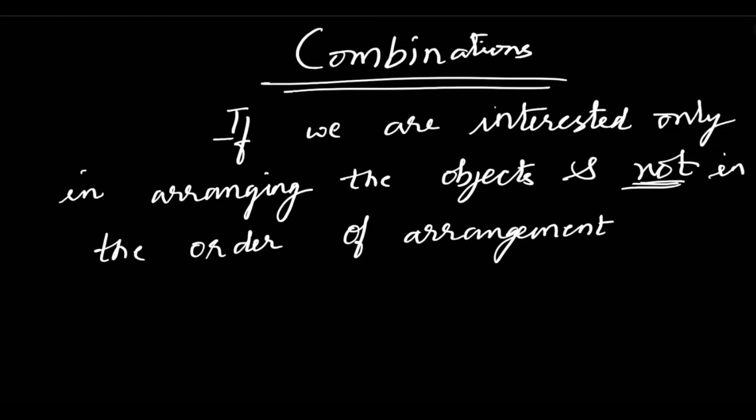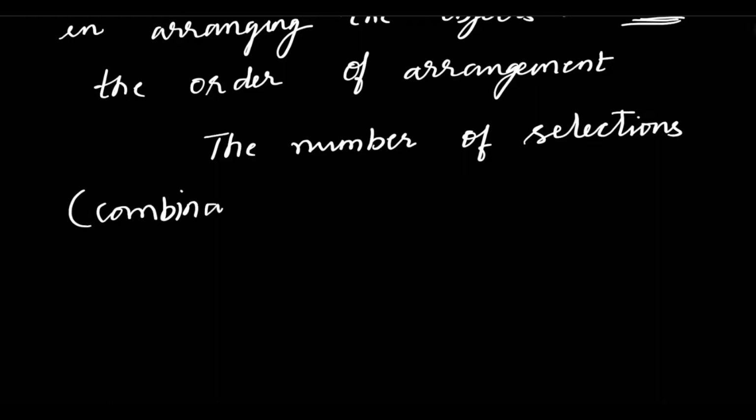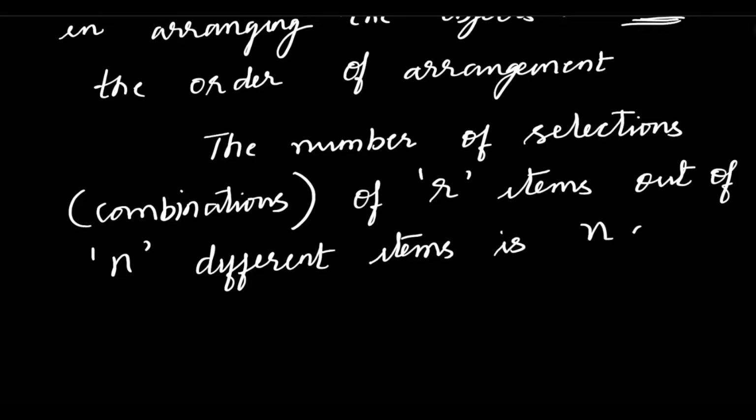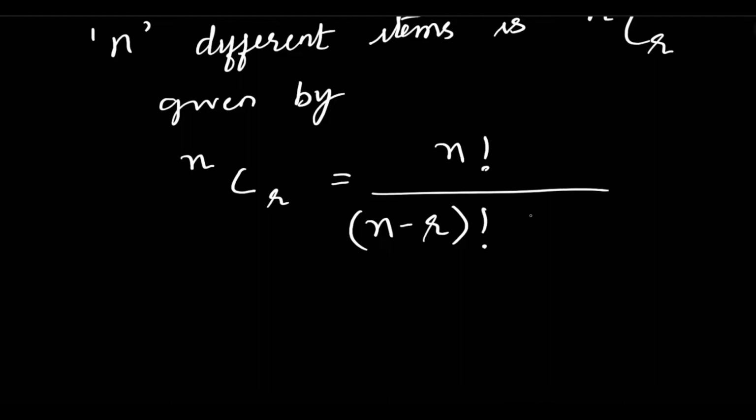In other words, the number of selections, which means combinations, of r items out of n different items is nCr, which is given by nCr is equal to n factorial divided by n minus r, the whole factorial, into r factorial.